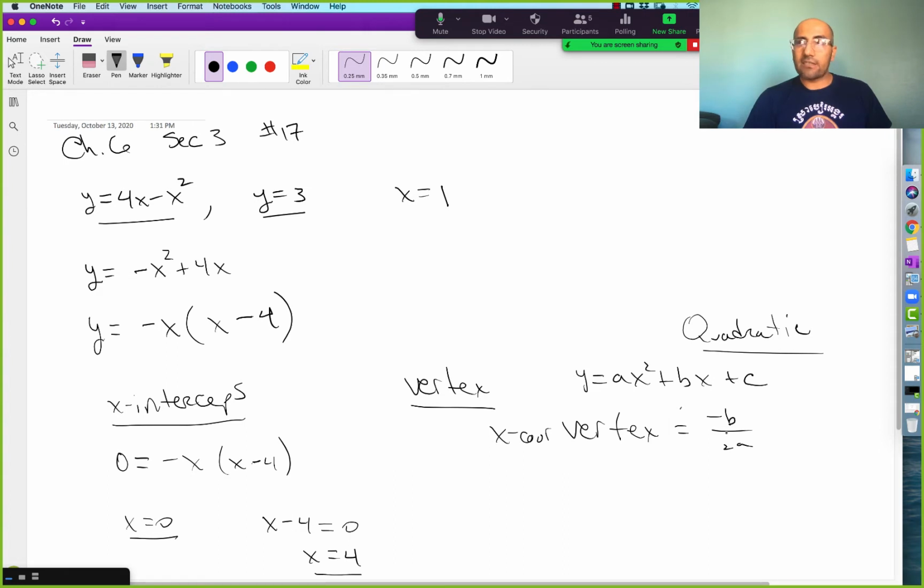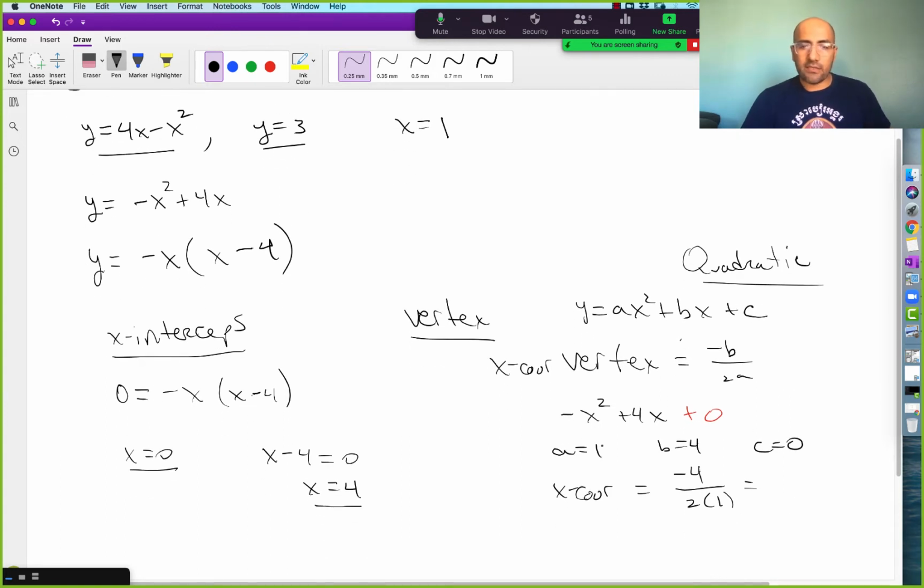Right? That'll give you the x-coordinate of our vertex. So in our little scenario, we had negative x squared plus 4x. That means the b is a 4, and the c, well, it's 0, right? We can always throw in a plus 0 here. And so the x-coordinate of vertex is going to be equal to negative 4 divided by twice a.